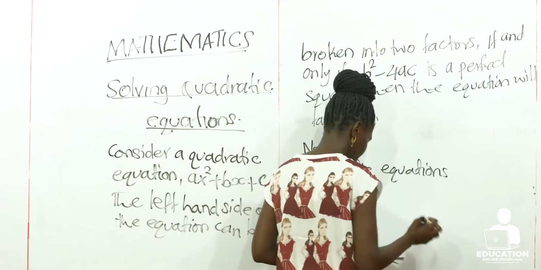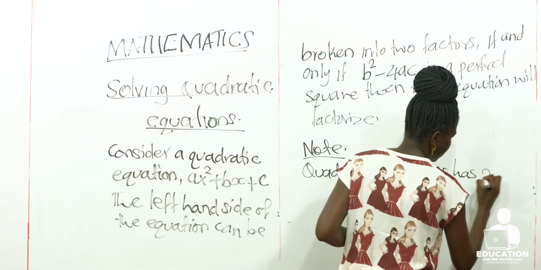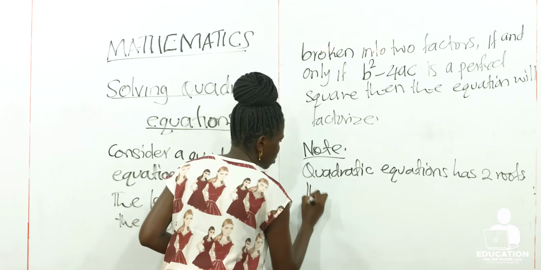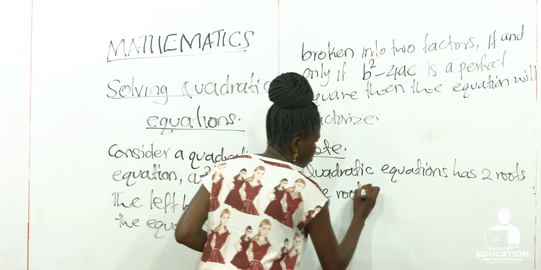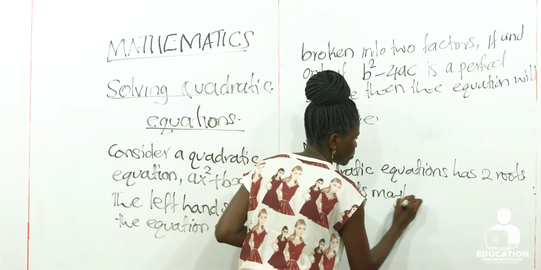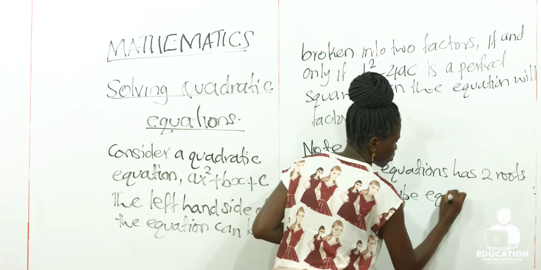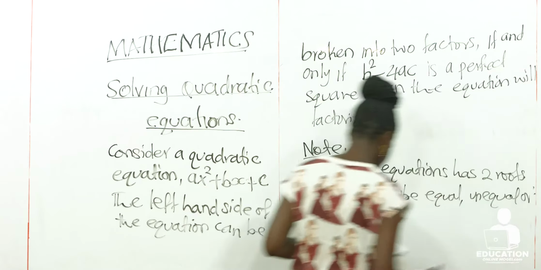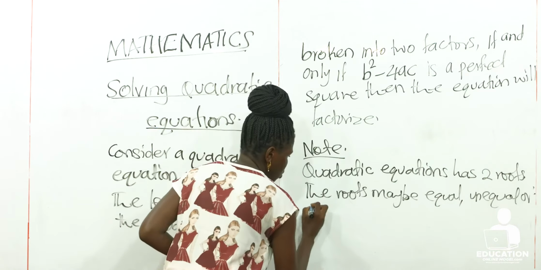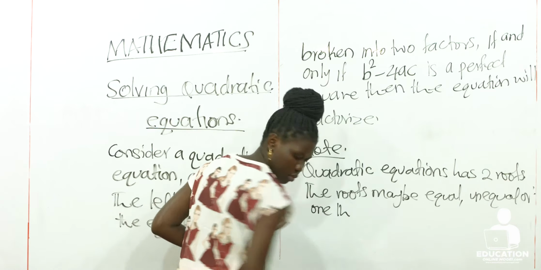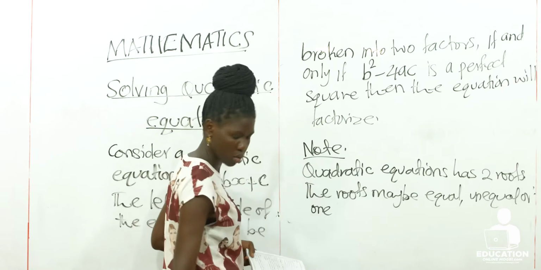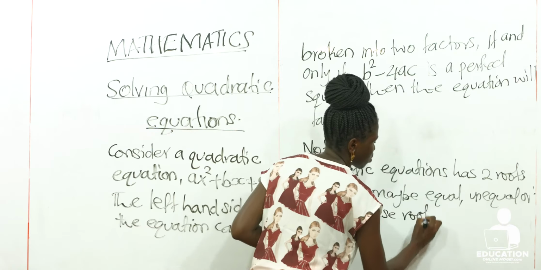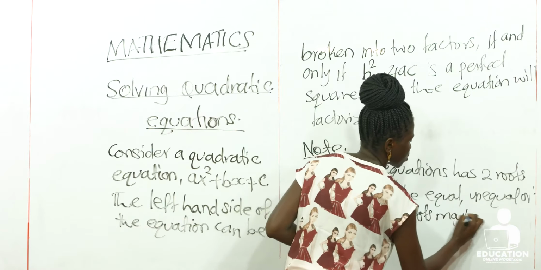Quadratic equations have two roots. The roots may be equal, unequal, or one of these may be 0.